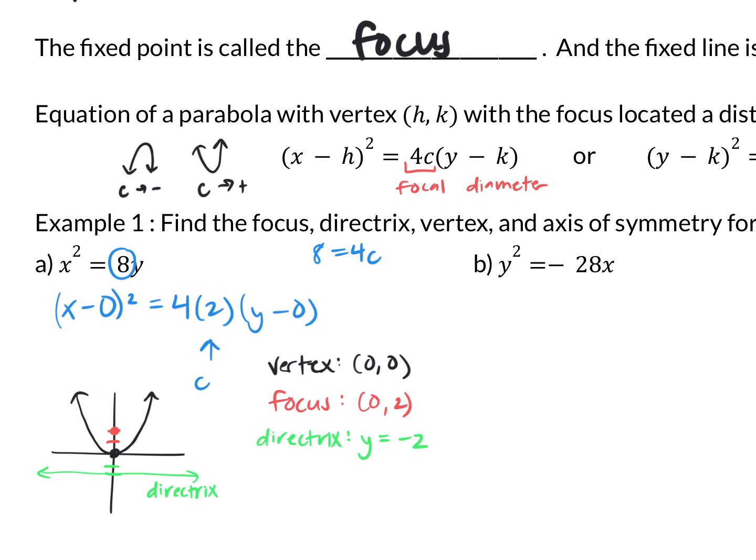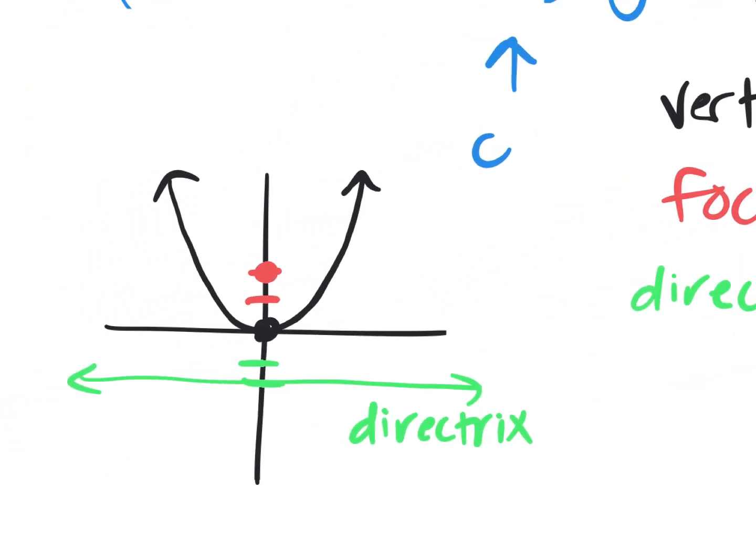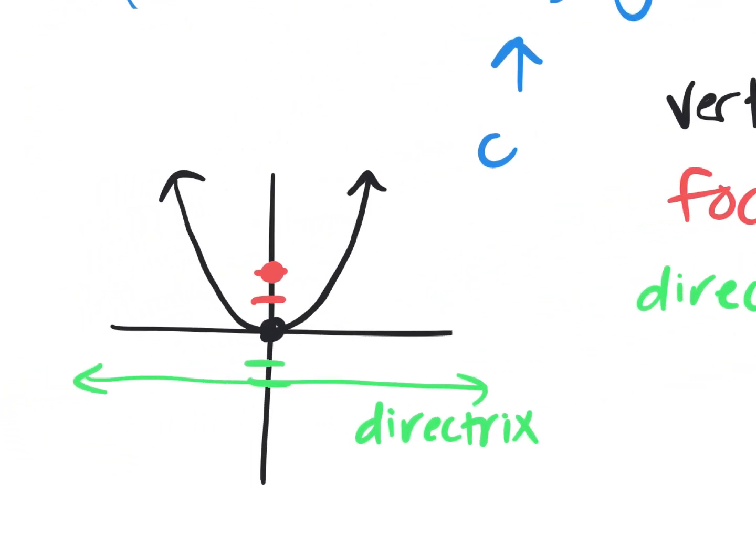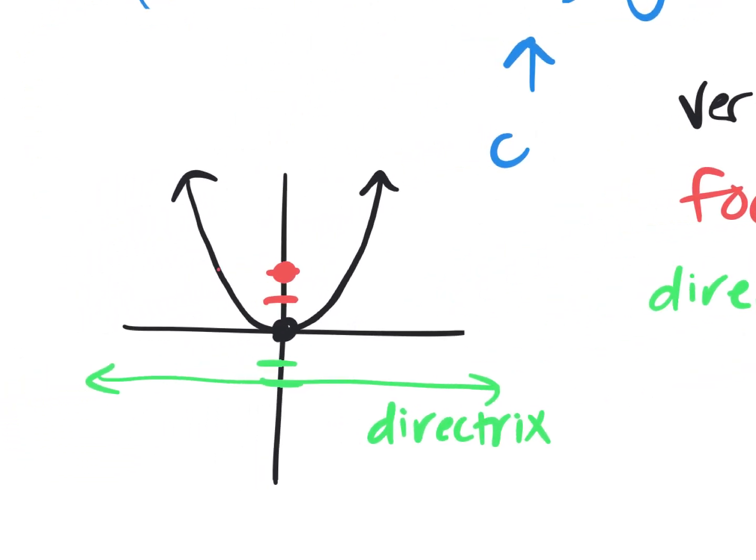And then the last thing I just want to point out is your focal diameter up here again. This focal diameter is that 4 times c value. So if I zoom in on this picture here, what it's saying is this distance from this point on the parabola to that point on the parabola going through that focus, this whole distance is 8, right?